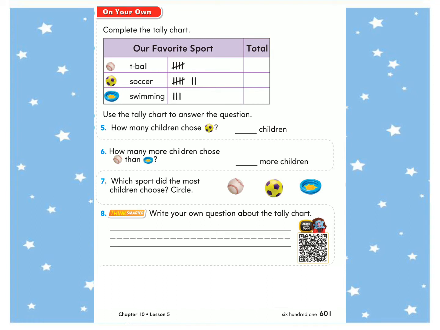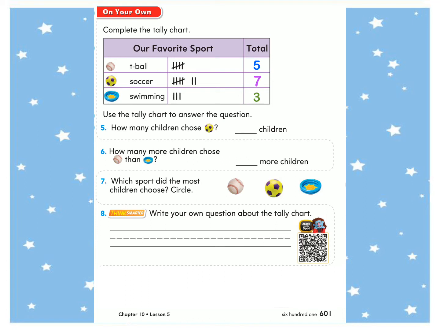Now the first one, tell me, count the tallies. Very good, they are 5. Let's move to the soccer. Count. Wonderful. So we say 5, then 6 and 7. Excellent. And for the swimming, they are 3.